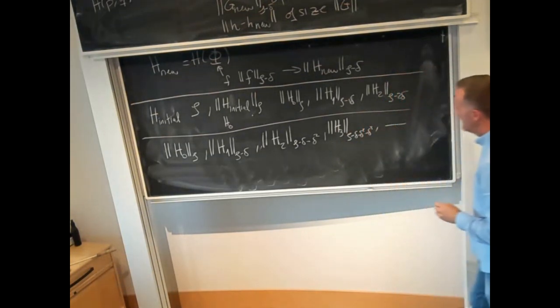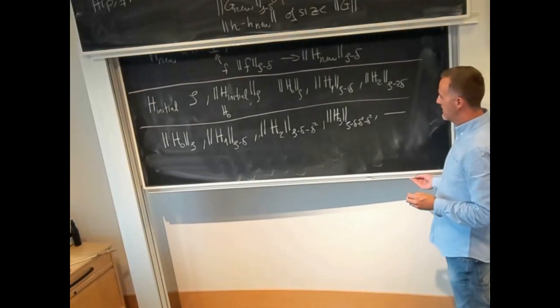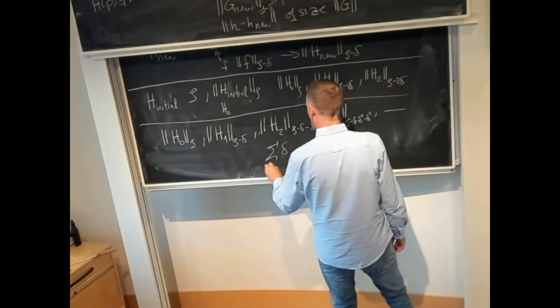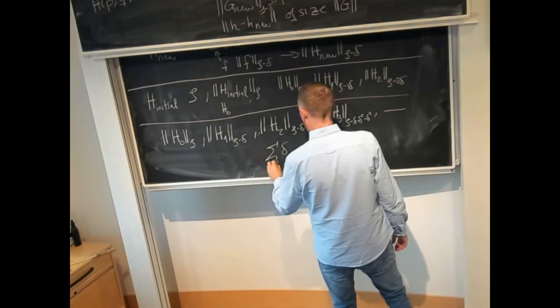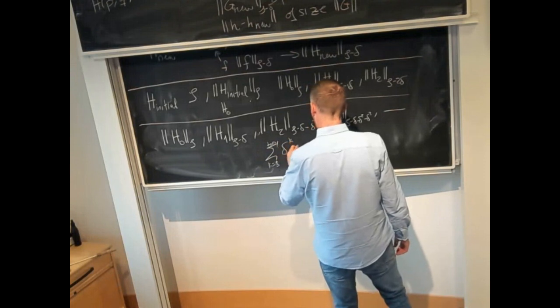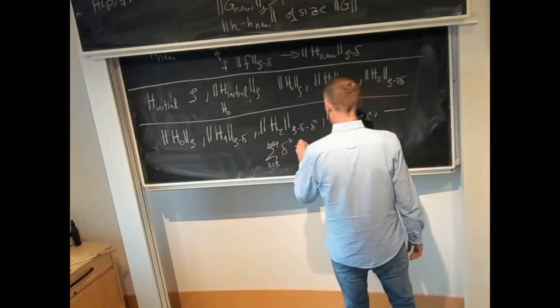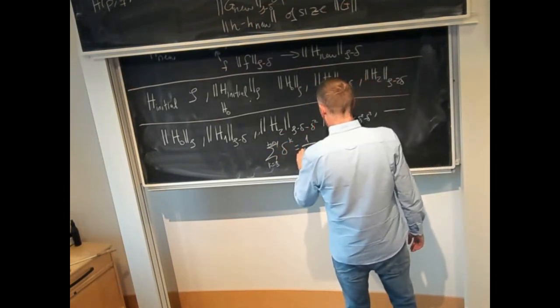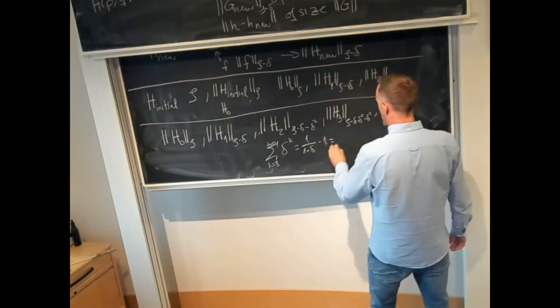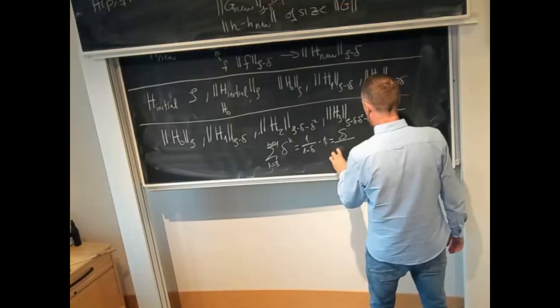So we can choose to do a geometric series. And now we have the hope that this converges, because the geometric series sums to delta divided by 1 minus delta.